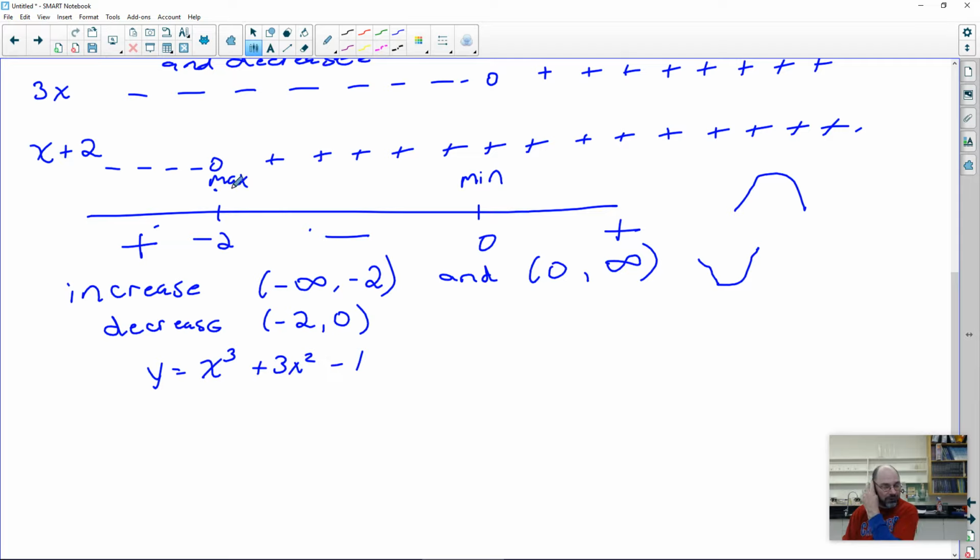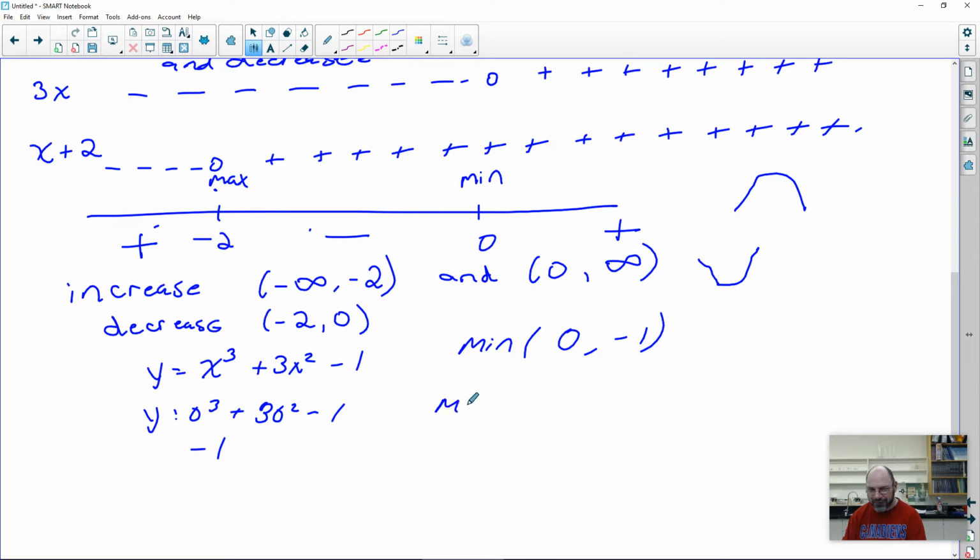Now, if you plug the numbers in, you're going to get the max and min anyway, just by looking at the numbers. So you could just write max is at x equals negative 2 and min is at 0. But if I wanted to put the y's in there, y equals 0 cubed plus 3 times 0 squared minus 1, which is minus 1. So we have our min at 0, negative 1.